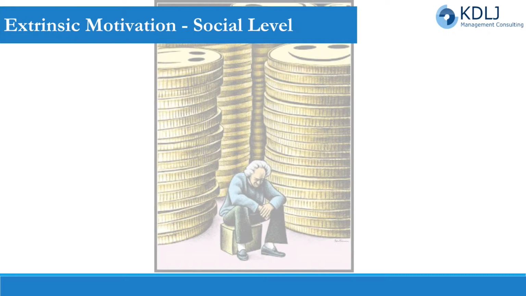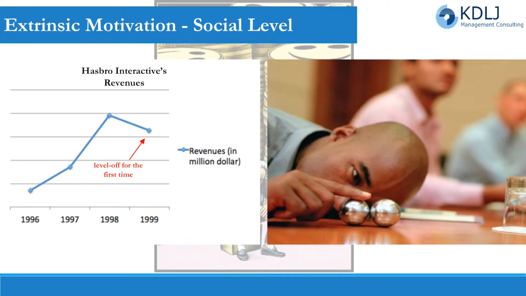It is in line with what happened in Hasbro Interactive, when company performance leveled off for the first time in 1999 and automatically affected employees' rewards for that year. Workforce performance continuously decreased in the following year as a result of an over-reliance on extrinsic motivation to boost employees' performance.